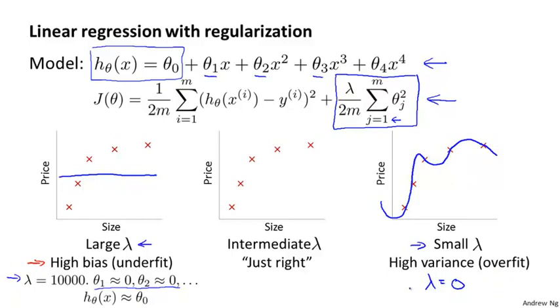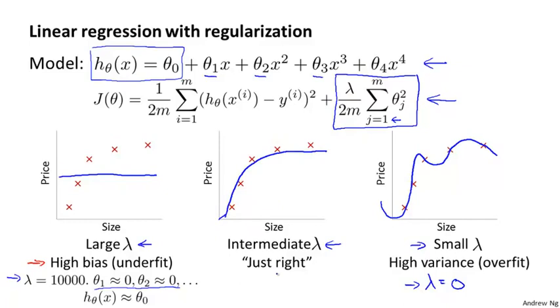It's basically if lambda is equal to 0, we're just fitting it without regularization, so that overfits the hypothesis. And it's only if we have some intermediate value of lambda that is neither too large nor too small that we end up with parameters theta that give us a reasonable fit to this data.